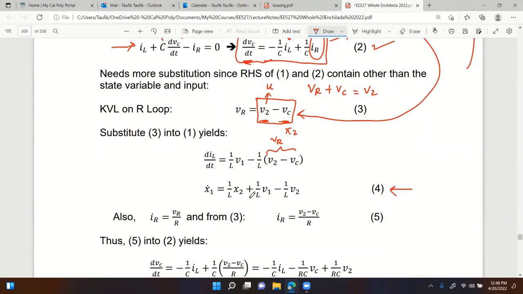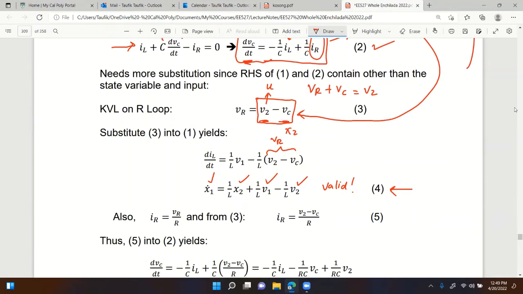Go ahead and check. On the left-hand side is x1 dot. That's awesome. On the right-hand side, I get x, which is good. And I have v1, which is good because that's u, and another input, which is v2. So this is valid. We are done with x1 dot. Any questions?